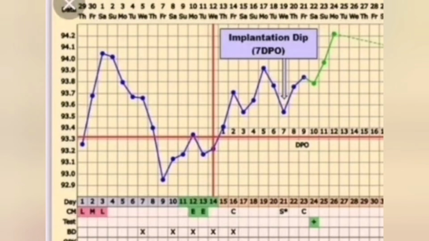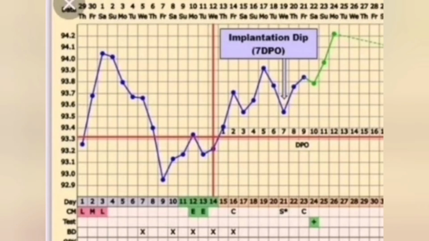If you see a dip, then a rise after the dip, it means you are ovulating, that an egg was released. Now it will start rising. Notice from cycle day 14 it started rising. This is because progesterone, which the egg released, will cause a temperature rise throughout your pregnancy.